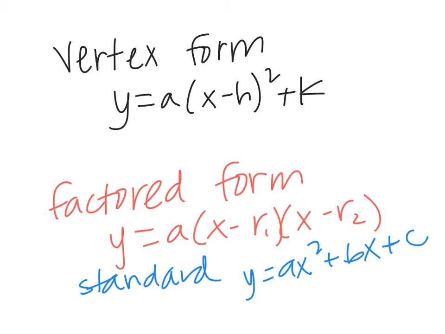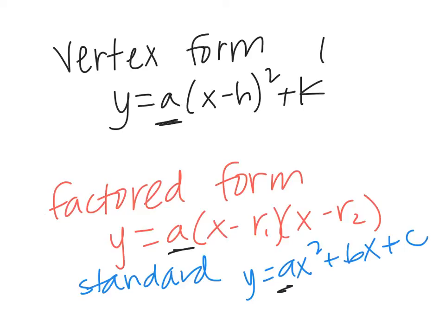Just a reminder that the a value in each one, so the a value in front for all of those, controls whether your parabola opens up or down, and it controls how wide or narrow your graph will be. And then from there, if we're looking at vertex form, spoiler alert, vertex form is good at giving you the vertex.